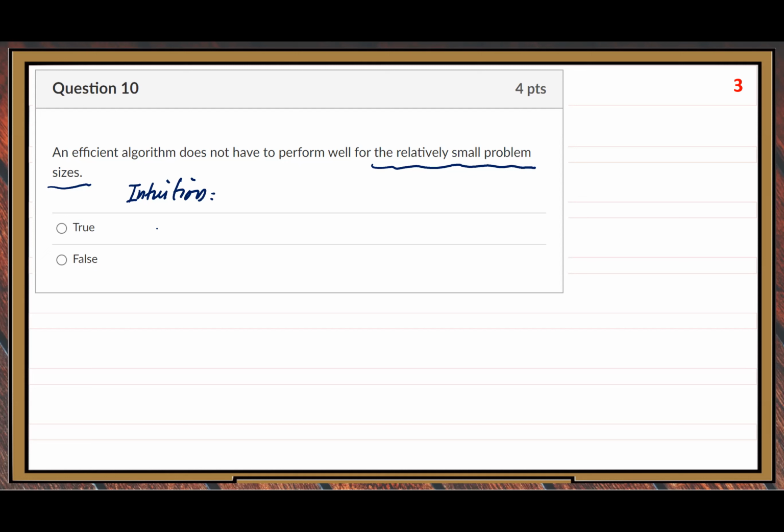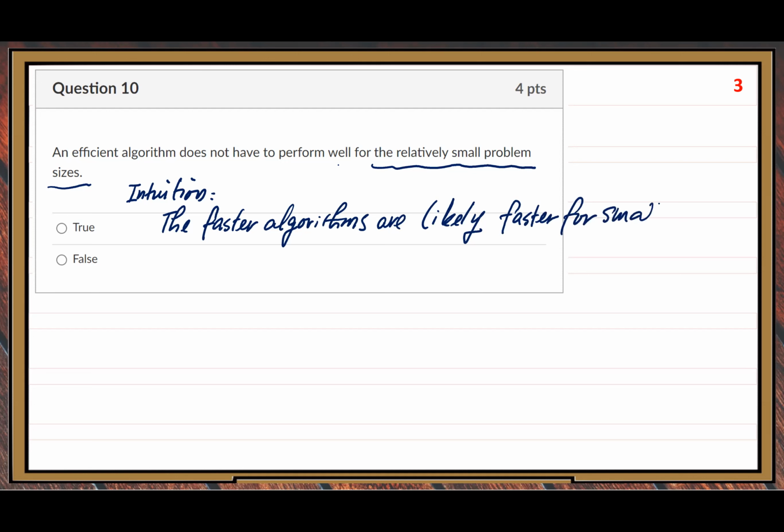Here, faster algorithms are likely faster for smaller problem sizes.